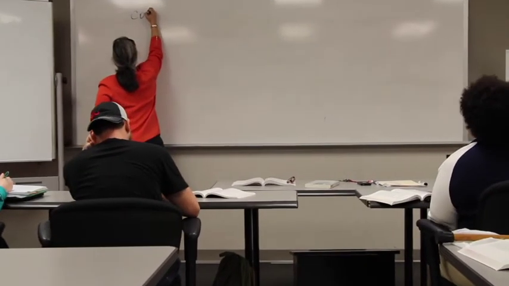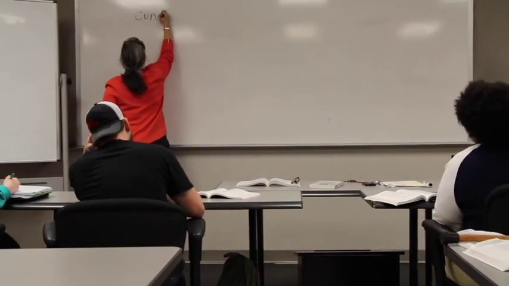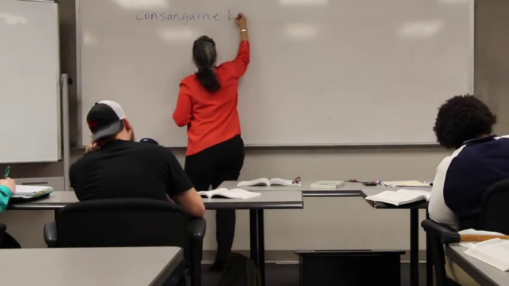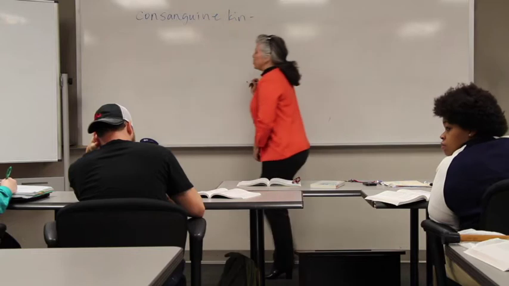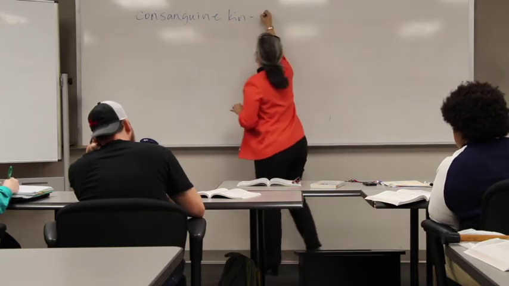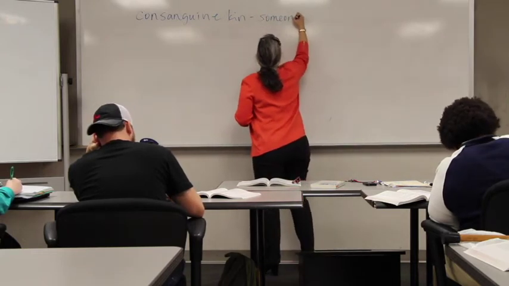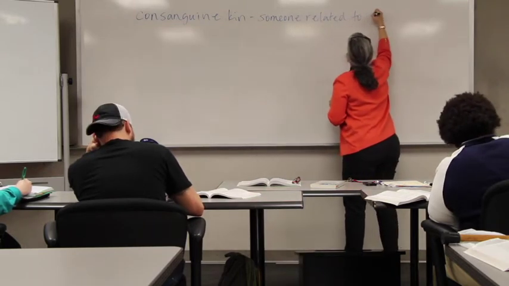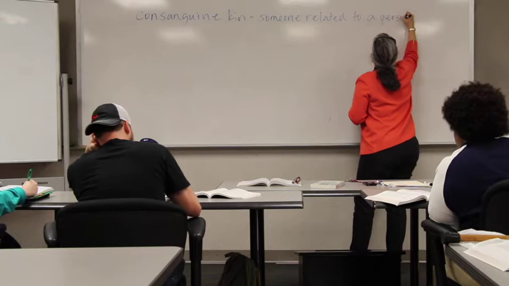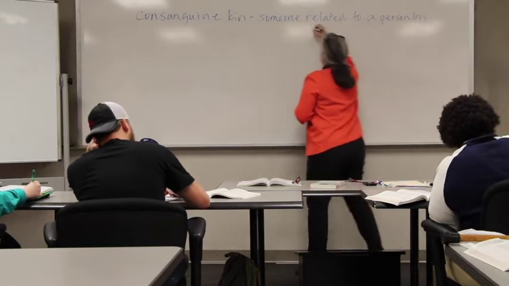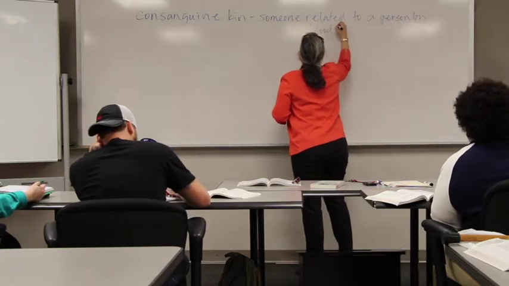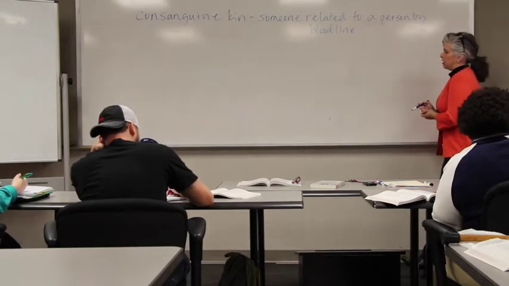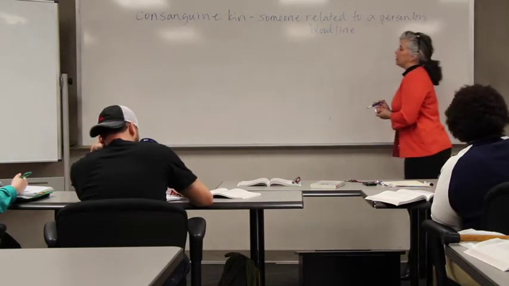First of all, we call the bloodline bond consanguine. A consanguine kin is someone related to you by bloodline.